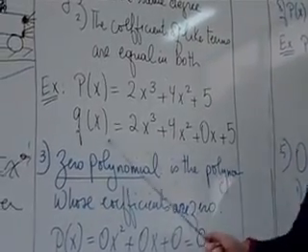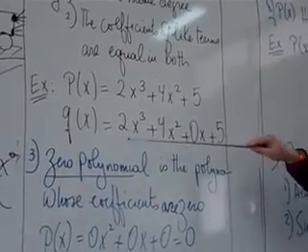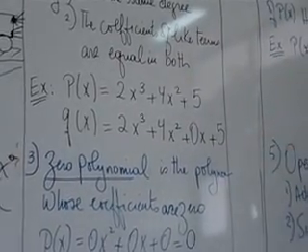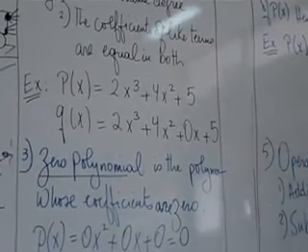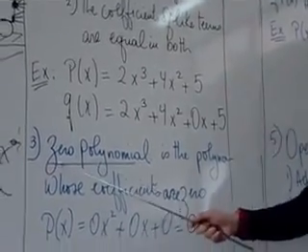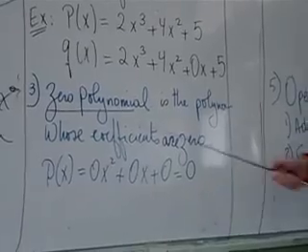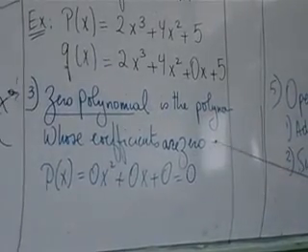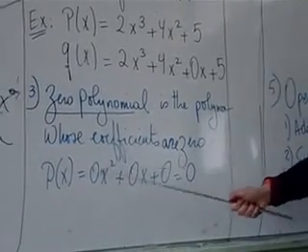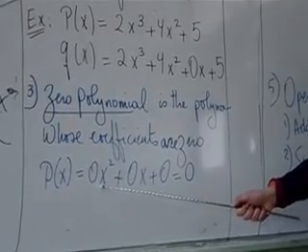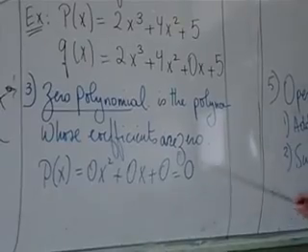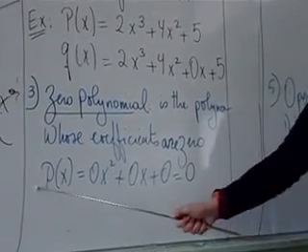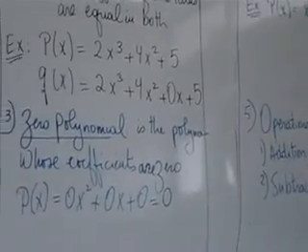So when two polynomials are said to be equal, it means that they have the same degree to start with, and then the coefficients are the same. Zero polynomial is the polynomial whose coefficients are 0. So if we started with x squared, it has coefficient 0, x has 0, and the constant is 0. Adding zeros all together, you're going to have a polynomial equal to 0.